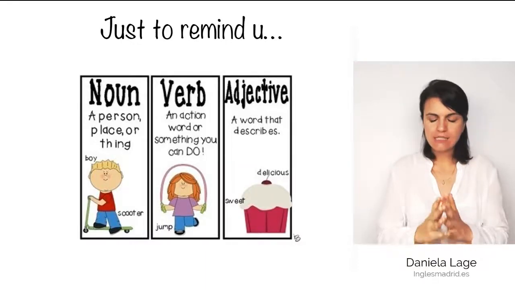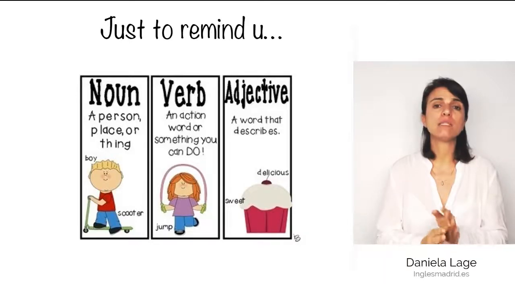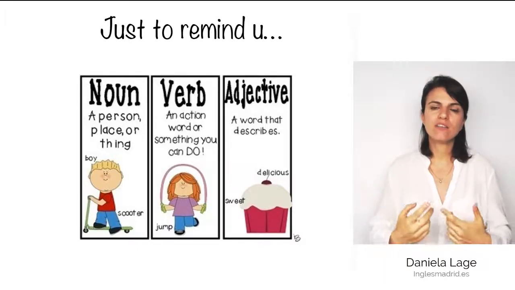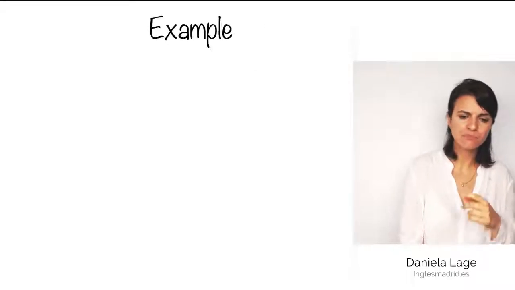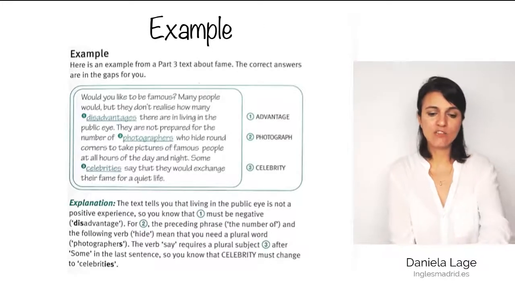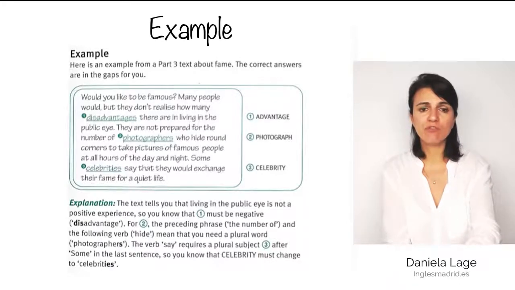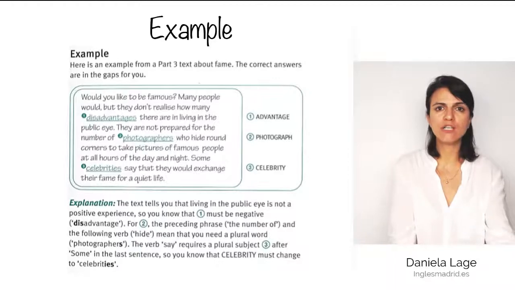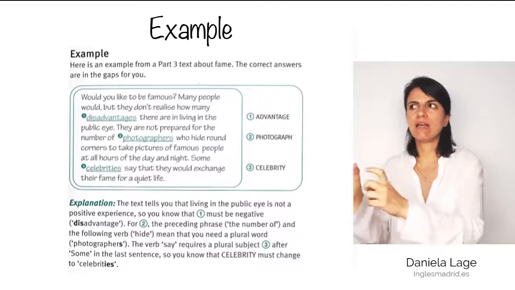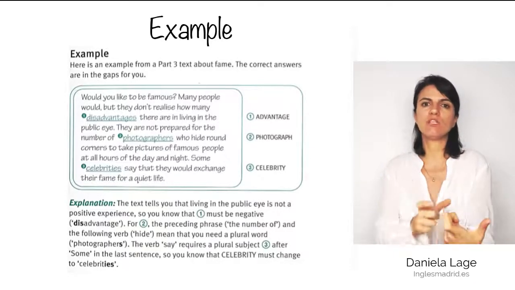I promise at the beginning it seems hard, but then when you practice, you will know the words. And the words are also really repeated. Great. Example, again, you see the advantage that I told you before, the negative advantage. Then we have photographers, they give you the noun, but you realize you need another noun, a person.